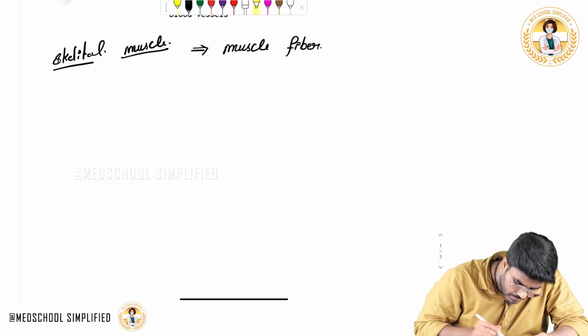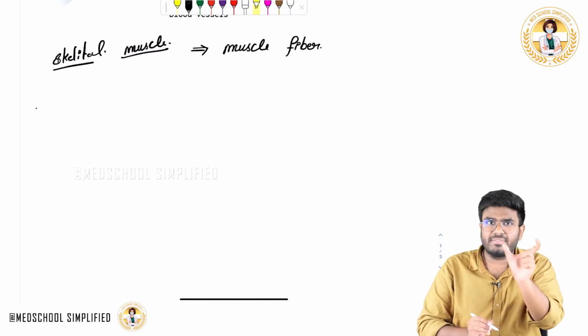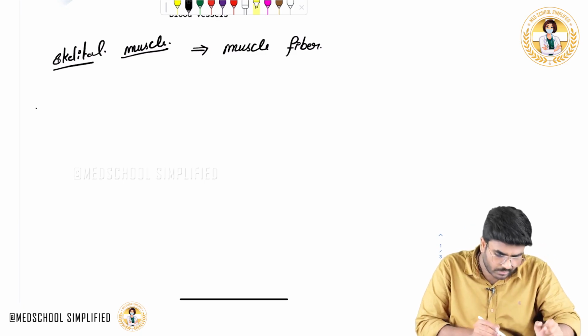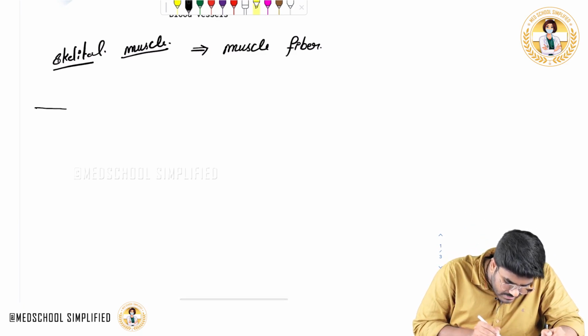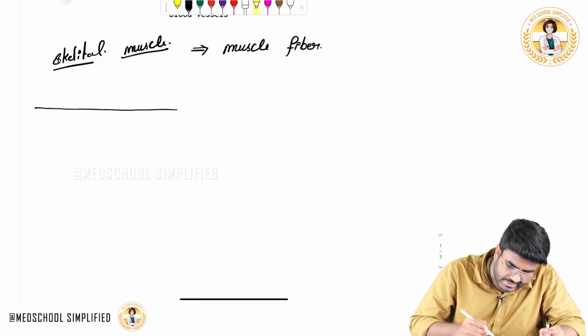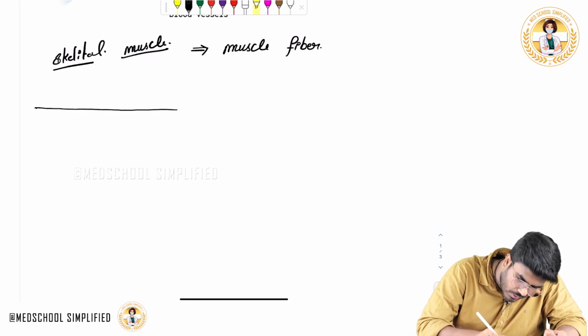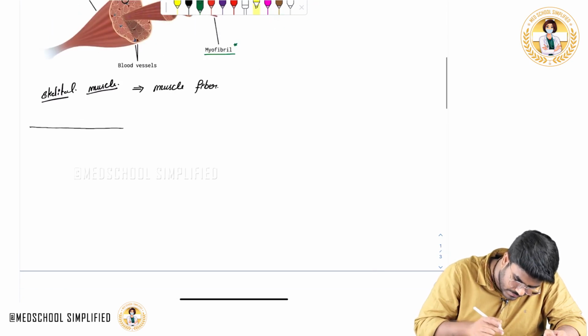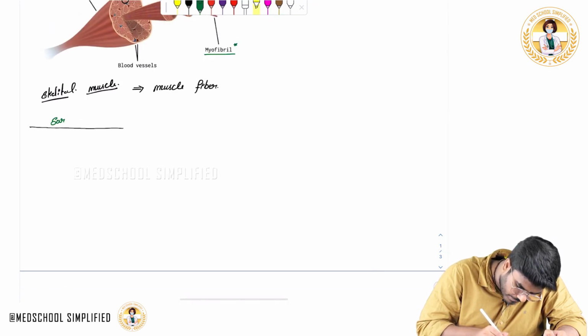This is the cell membrane. Each muscle fiber is a cell, right? I have already taught you. So, these muscle fibers are also surrounded by a cell membrane. This cell membrane is called sarcolemma.